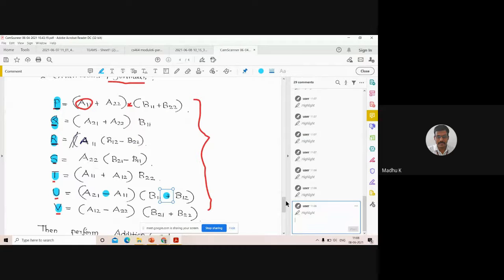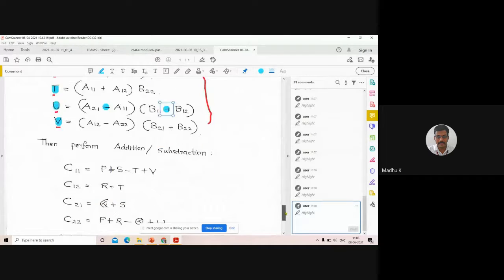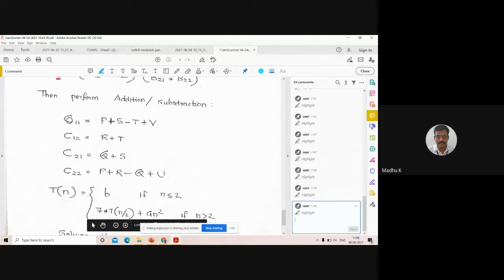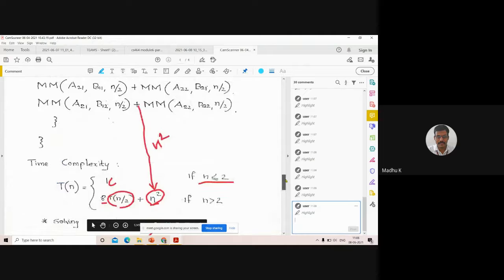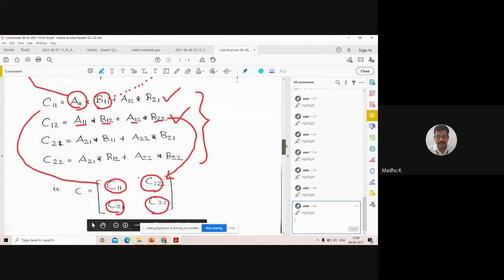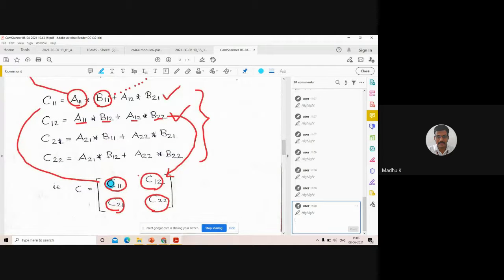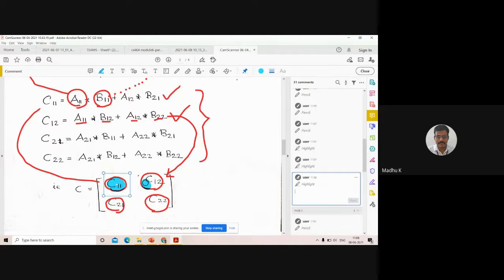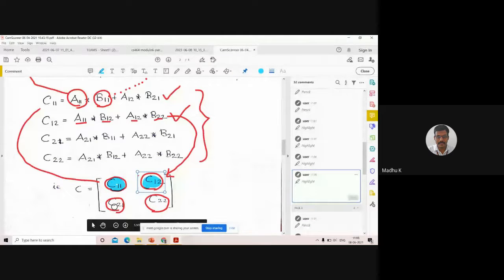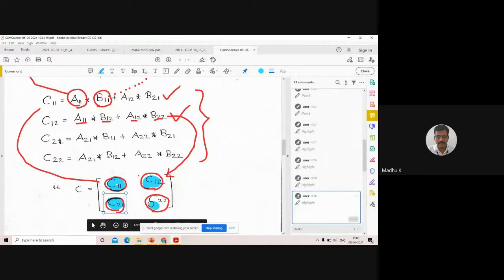Then we will calculate the value of C11. We want to get it. The final matrix C consists of 4 elements. This is the C matrix. We want to calculate C11, C12, C21, C22.